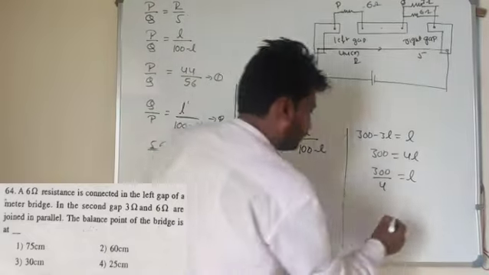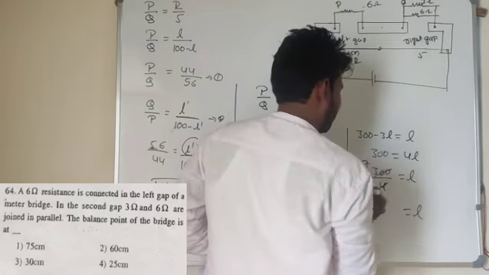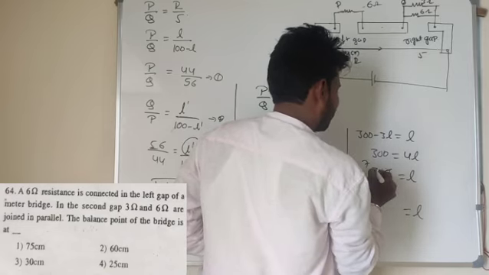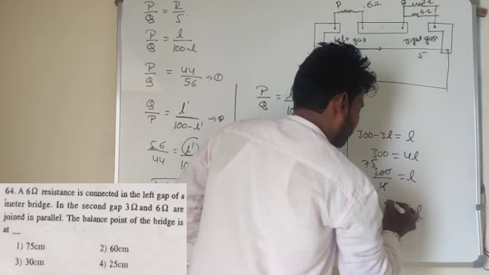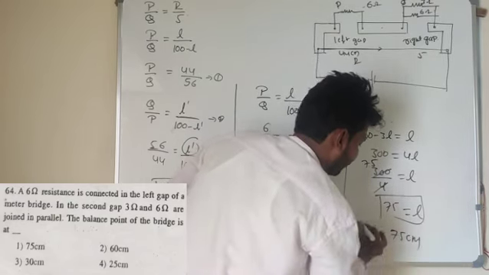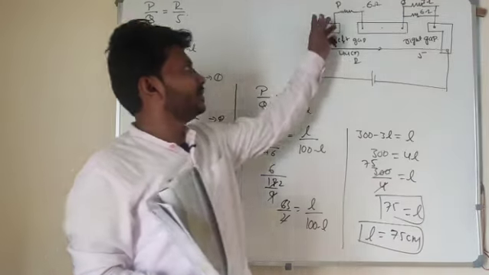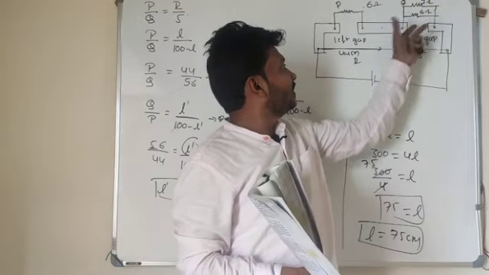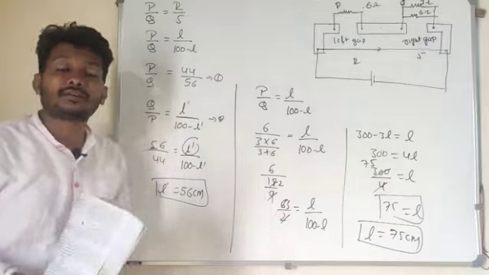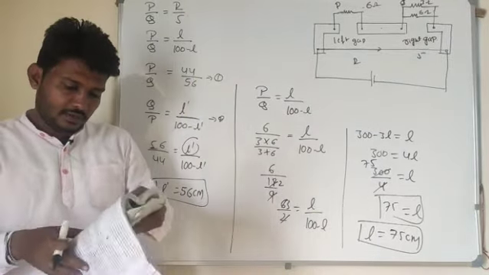What's the value here? Then L is equal to, 4 7 is 28, 2 remains 20. So 75 centimeter. What's the value of that balancing length here? Balancing length will be 75 centimeter. In this combination, I will get the balancing length at a distance of 75 centimeter from the left gap here. Now we'll solve the next one.